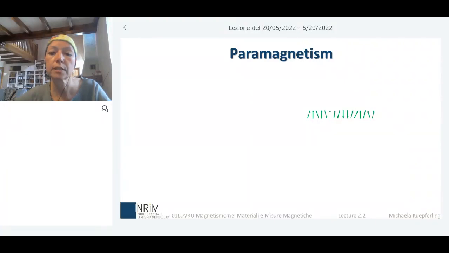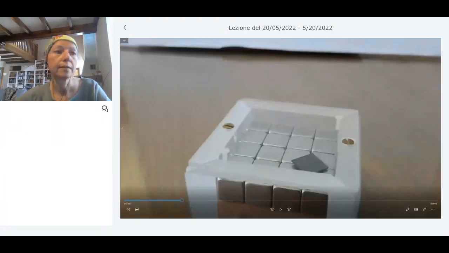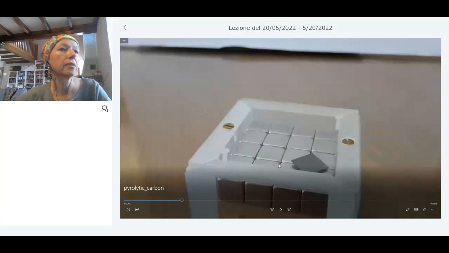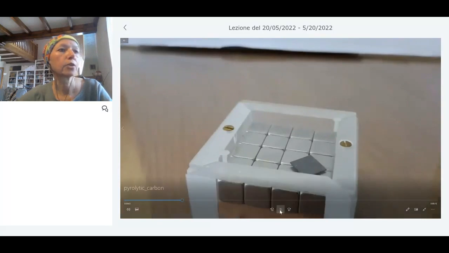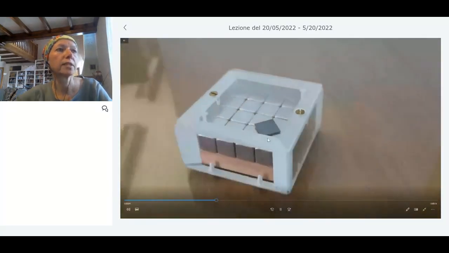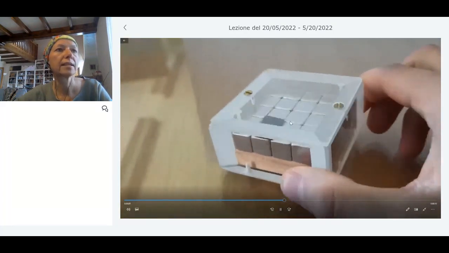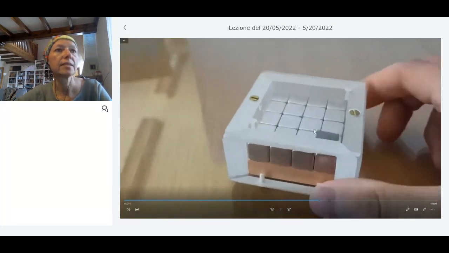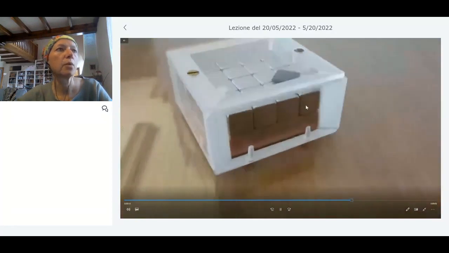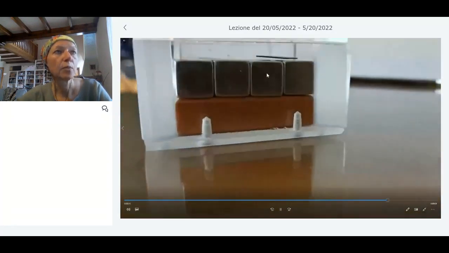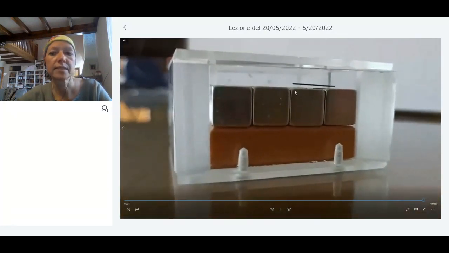Let's share the screen. Okay, here you can see a pyrolytic carbon on several permanent magnets, very strong permanent magnets, and you can see that it floats on top of this magnetic field, so it's repelled. If you move it slightly, you can see here this pyrolytic carbon plate, and from below you can see it's levitating.